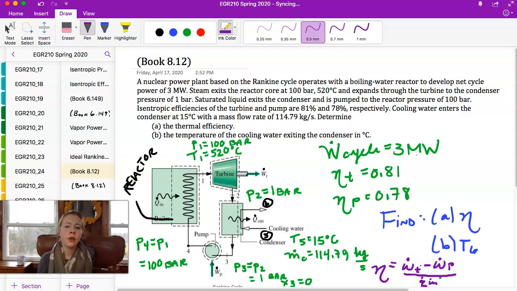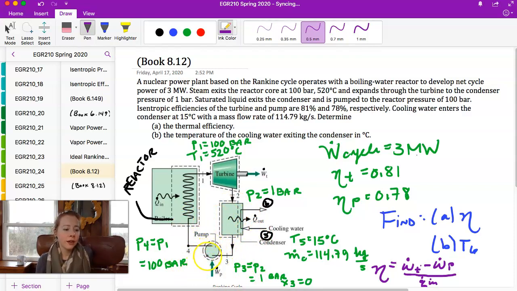We need to find W dot for the turbine, which is where we're trying to get now, and we need both H1 and H2 to get that. Then we're going to have to go through state 3 and state 4 to figure out W dot going in for the pump.